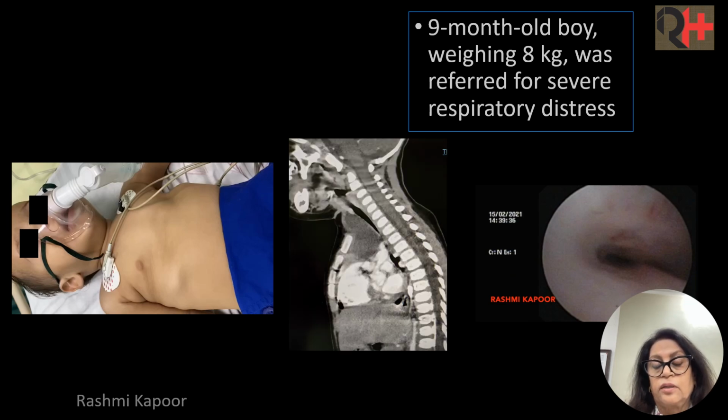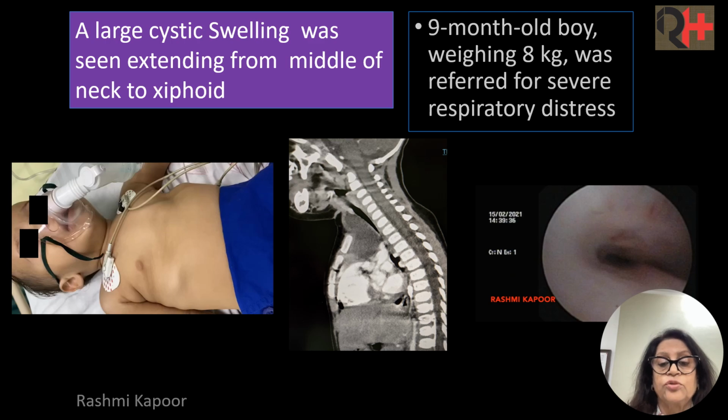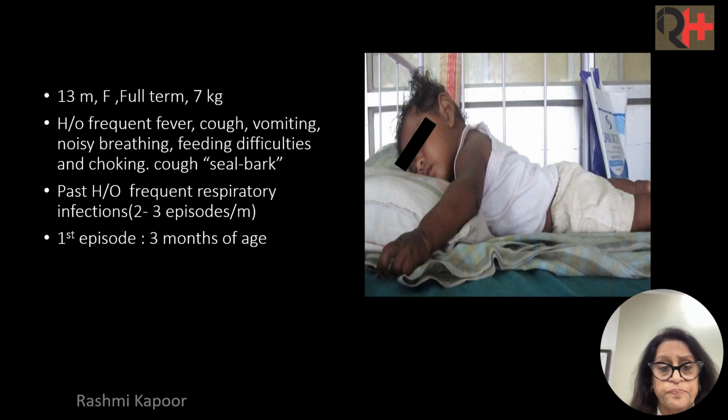We thought it was a kind of vascular ring, but we did a CT angio, and CT angio was normal, but CT showed a cystic mass extending from the neck to the xiphoid cartilage, and we referred this child to cardiothoracic surgery and it turned out to be a cystic hygroma.